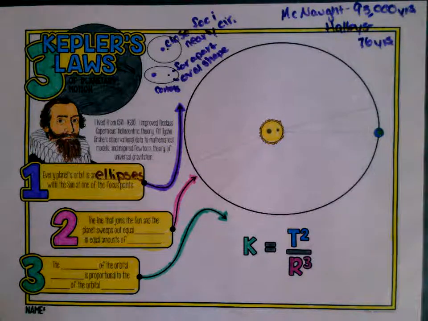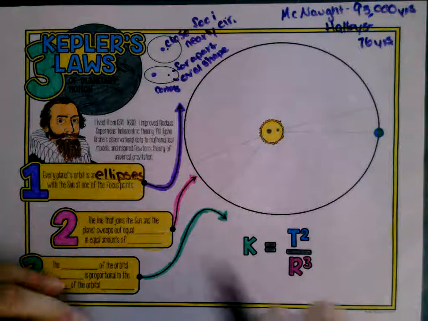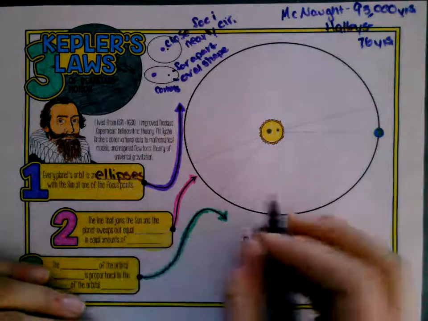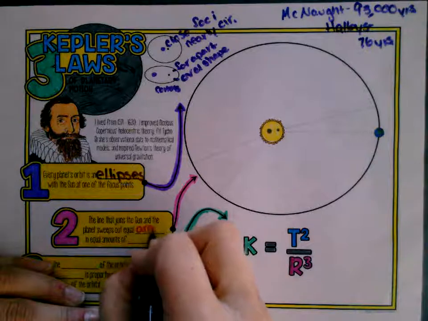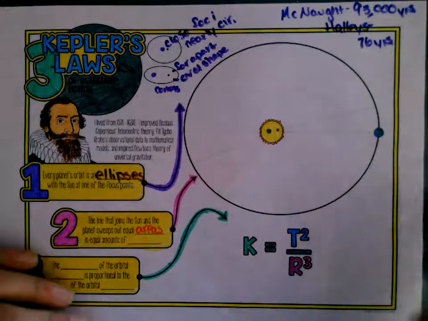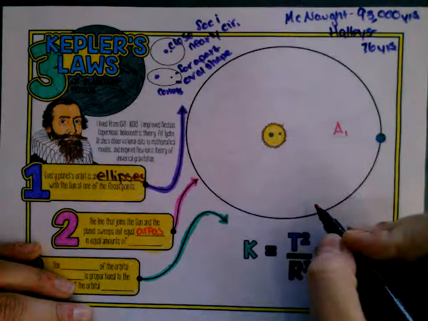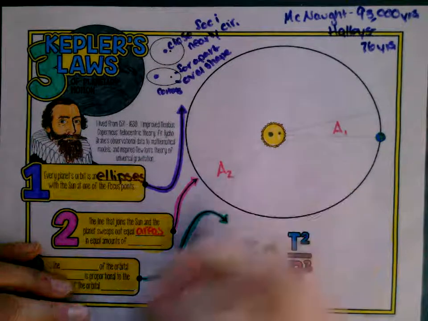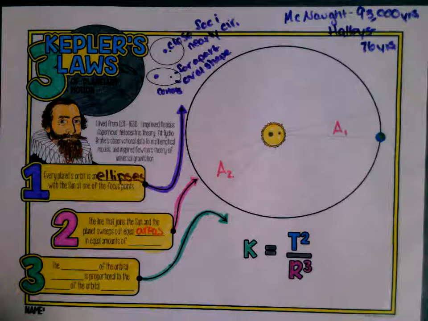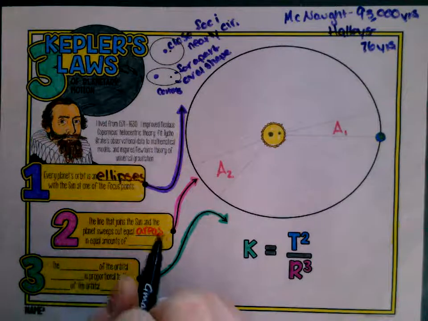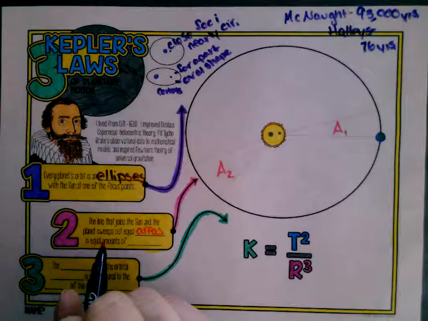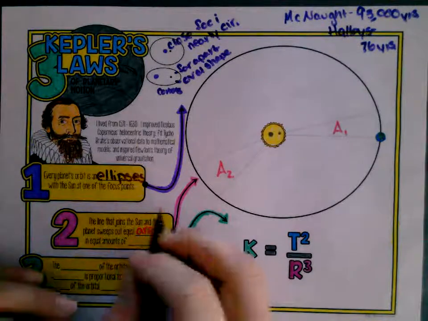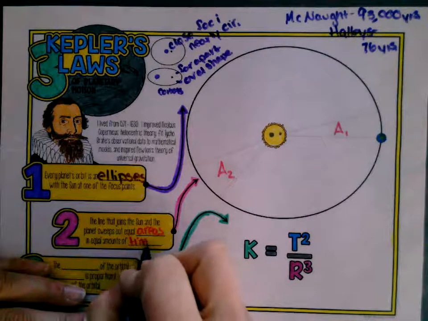The next point that Kepler made was that the line that joins the sun and the planet sweeps out equal areas. Basically all that's saying is that this area is equal to this area. That's all that says. So the line that joins the sun and the planet sweeps out equal areas in equal amounts of time.